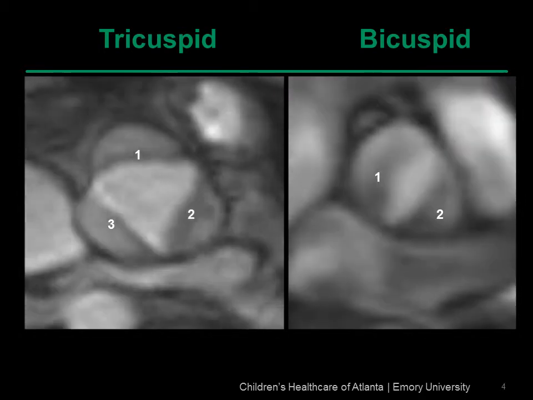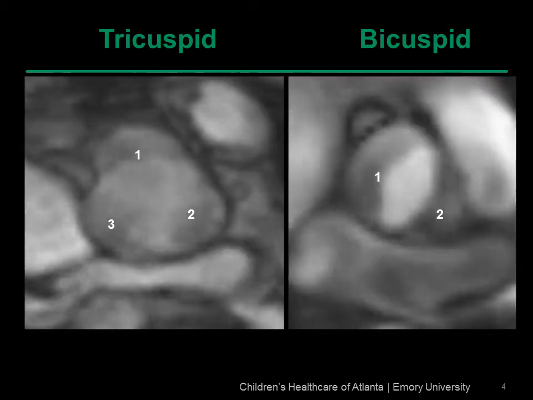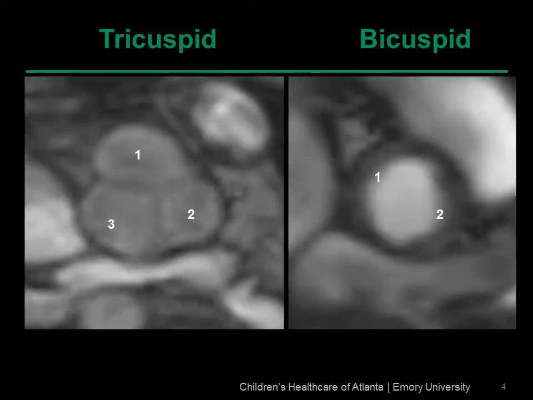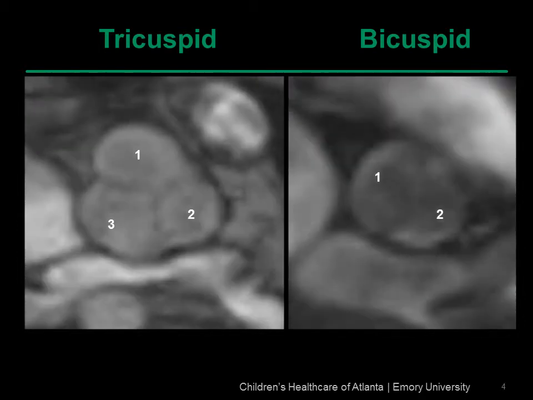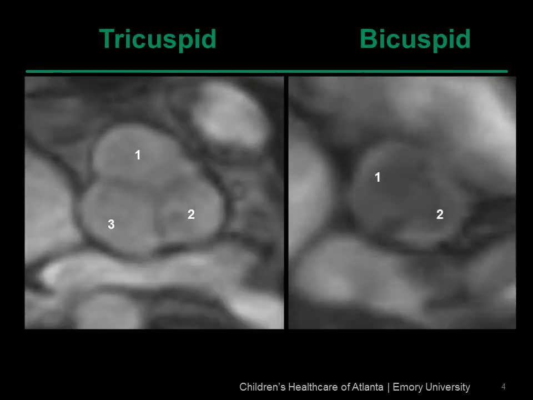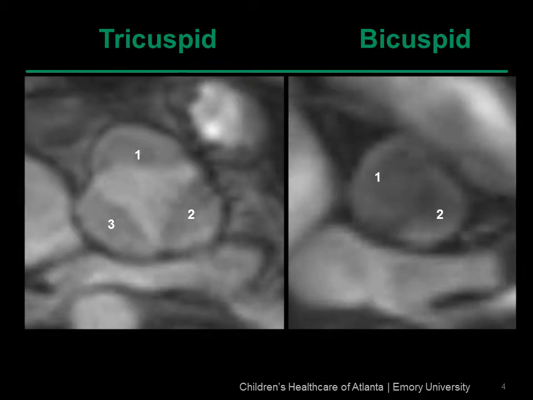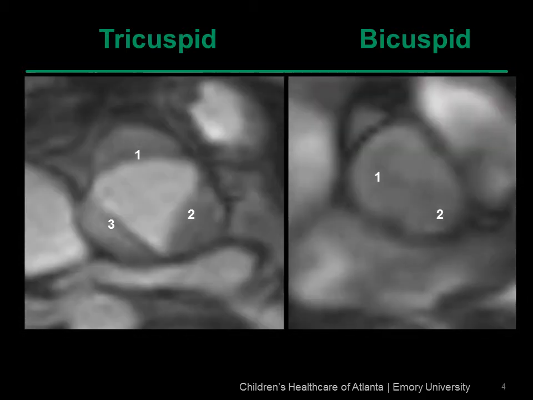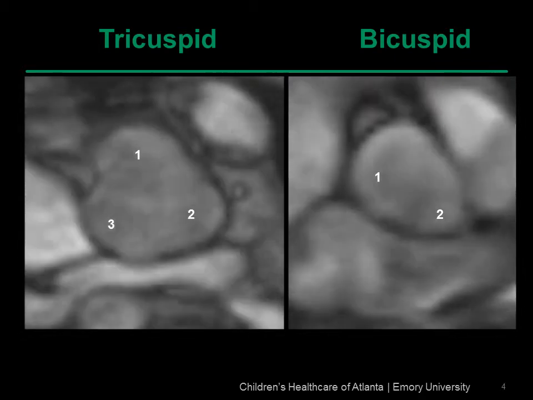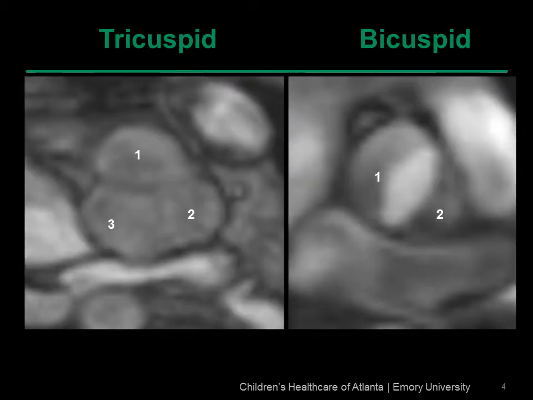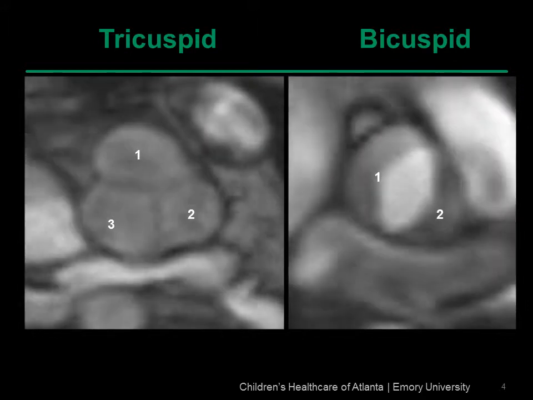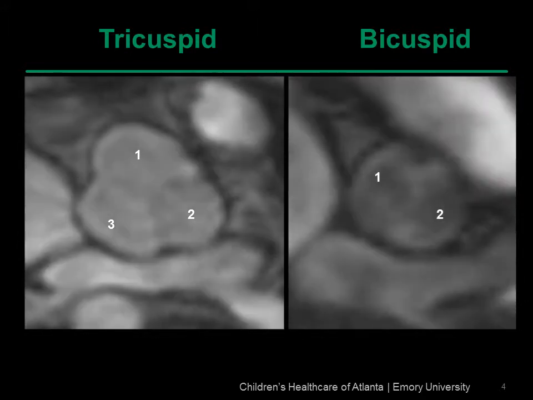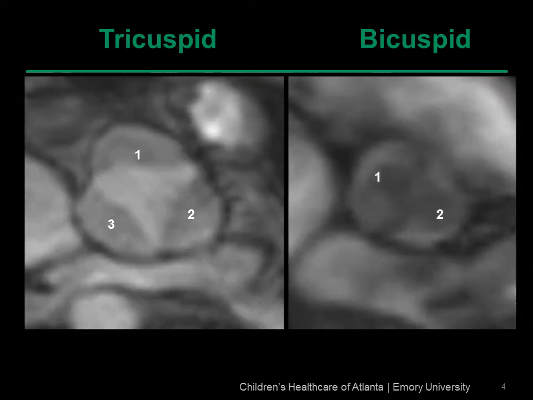Besides the obvious fact that a bicuspid valve has two leaflets and the tricuspid valve has three, the effective orifice during systole, or the amount that the valve opens up, is different between individuals who have a bicuspid versus a tricuspid valve. This will play an important role, as I'll mention later in this talk, regarding the things to watch out for and why this is a clinically important disease entity.